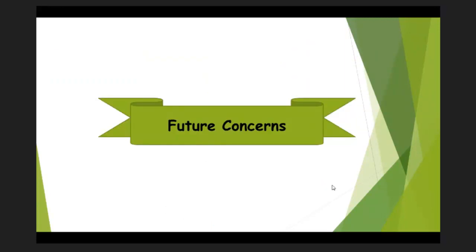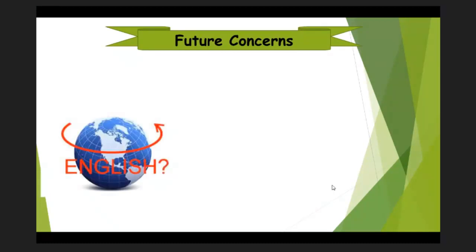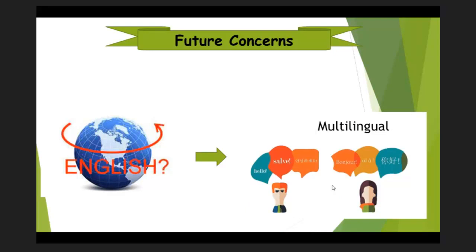And the last content I will mention is the future concerns for multilingualism. Instead of a thorough emphasis on global English, nowadays multilingualism is more and more recognized.